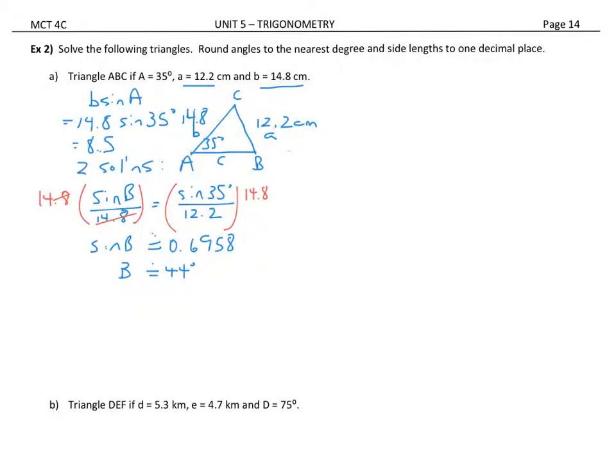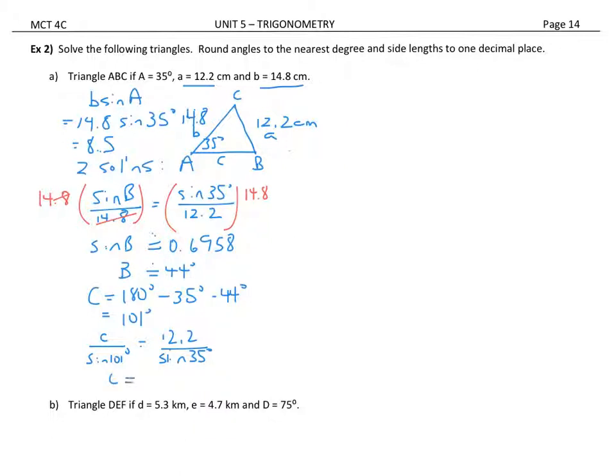That means angle C then would be 180 degrees take away the 35 degrees and take away the 44 degrees. And that gives us 101 degrees there. Now that we have angle C, we can use the sine law again and solve for side C. So side C over the sine of 101 degrees would equal the side A, 12.2, over the sine of angle A, which is 35 degrees.